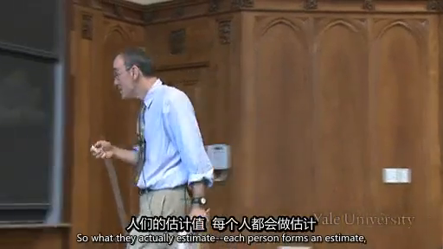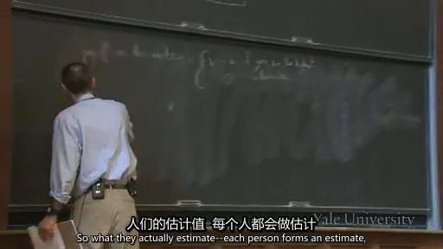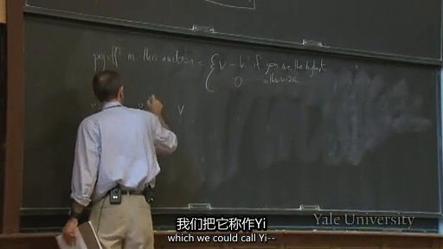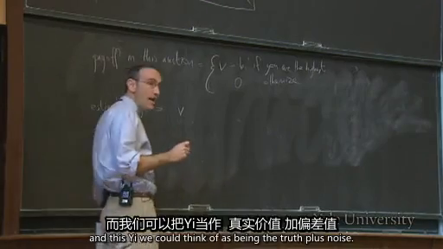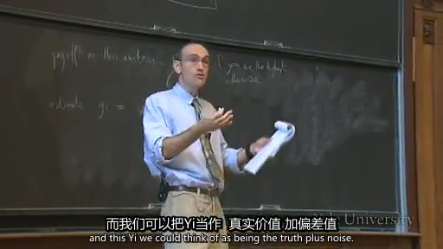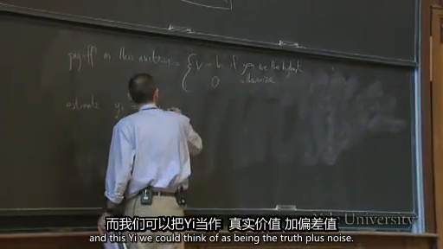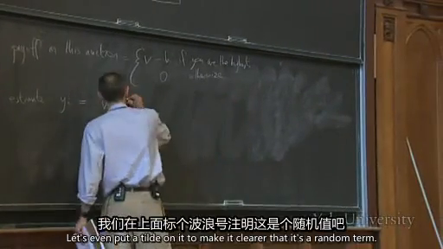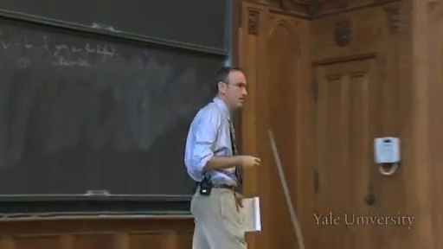So each person forms an estimate, which we could call y_i, and this y_i we could think of as being the truth plus noise. So let's call it epsilon_i. Let's even put a tilde on it to make it clear it's kind of a random term.